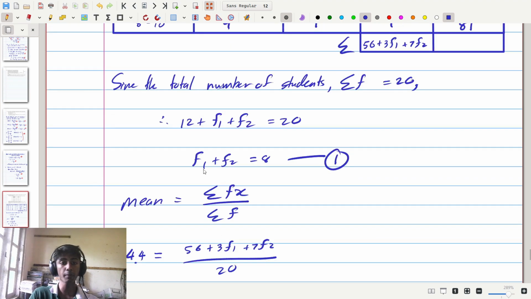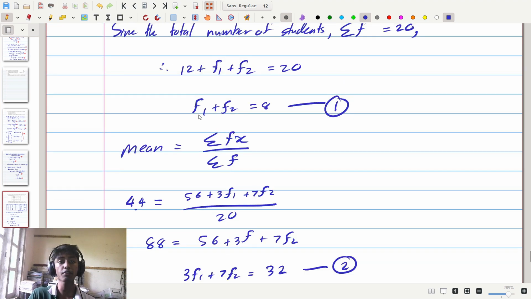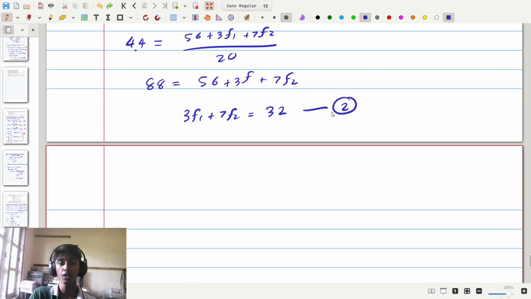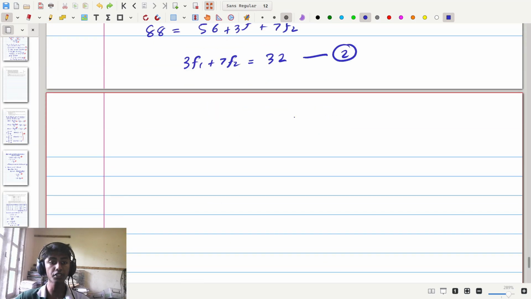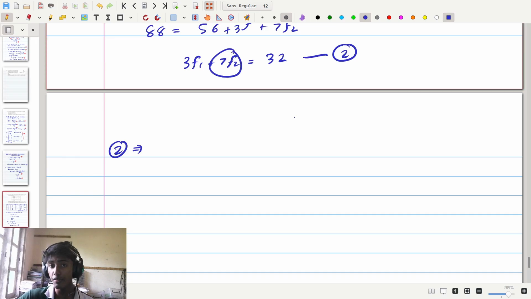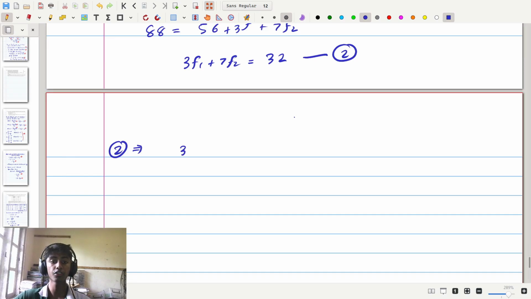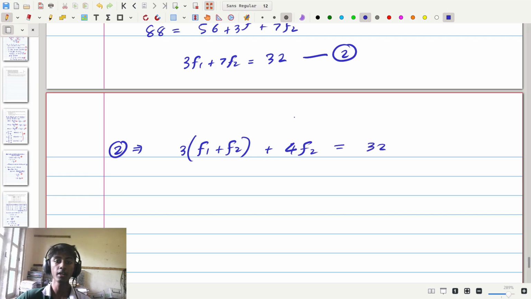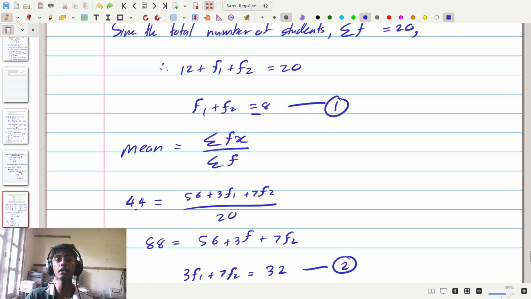Now using equation number 2 and equation number 1, we can find the value of f1 and f2. For this, I'm going to take equation number 2 and rearrange it by taking 3f2 out of the 7f2, writing this as 3 times f1 plus f2 plus 4f2 equals 32. The reason I did that is because f1 plus f2 from equation number 1 is known to be 8.